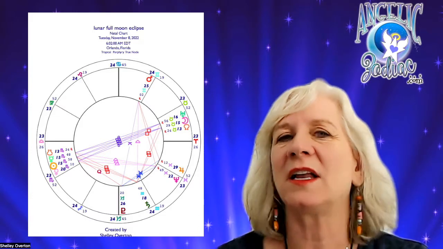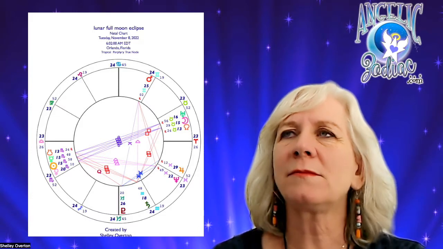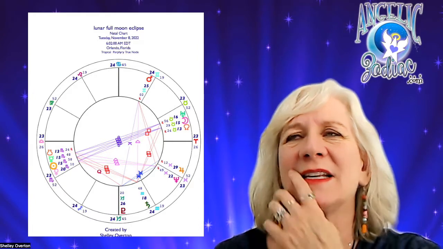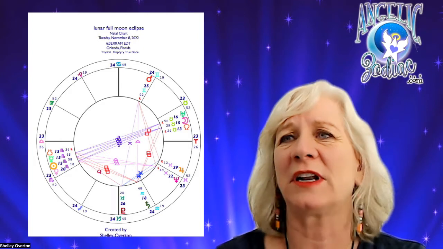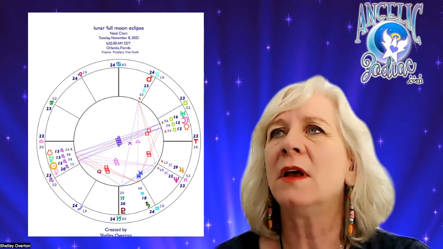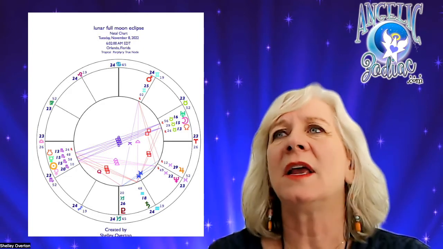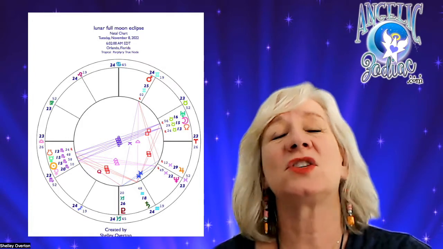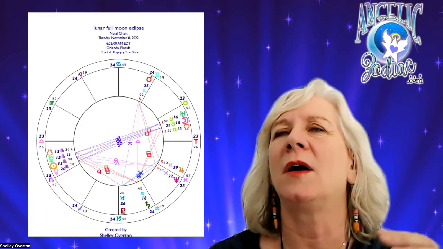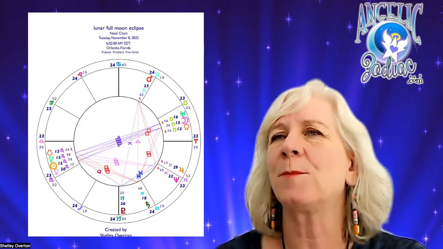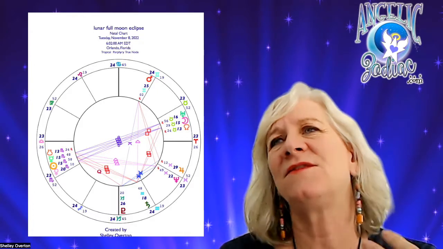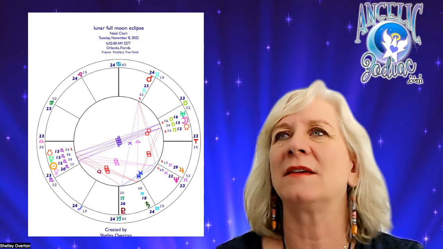Uranus, as I've said, is cryptocurrency. And so you see this energy, especially the square of Uranus to Aquarius, both in earth energies, is about shoring up the storyline behind crypto, getting the bugs out of that particular monetary system.